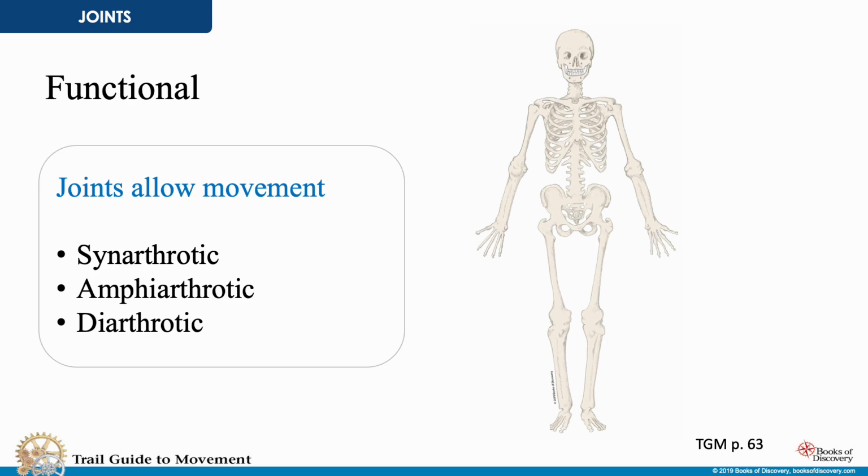The A would be a little bit, so you have slight or limited movement. And when you're talking about diarthrotic, the D equals dance, and you have freely movable, able to move about quite a bit. That will help you during test taking and anything else that you need to do when discussing those joint movements.